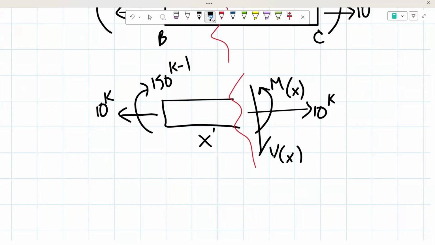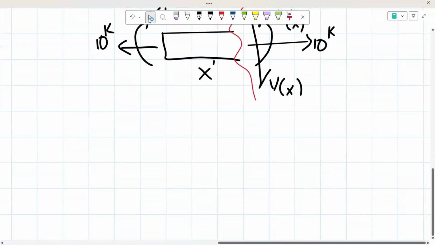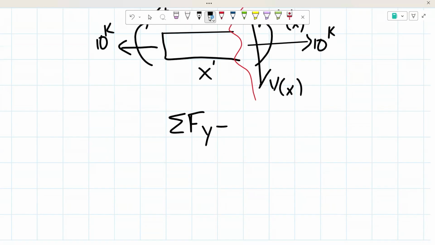clockwise. So now to be able to determine our shear and moment diagram, all we have to do is just use our equilibrium equations. So we know that the sum of our forces in our y direction has to equal 0. Sign convention, remember upwards is positive.